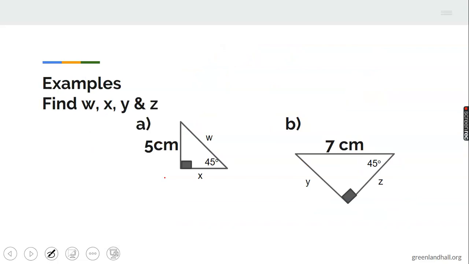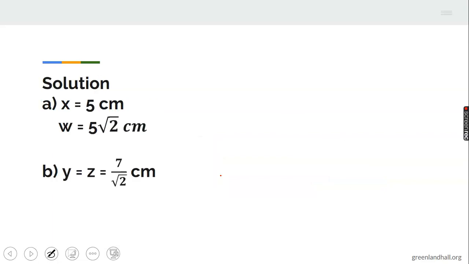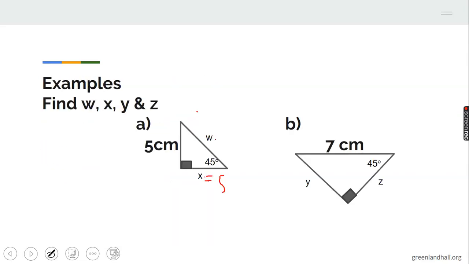You should know that we want to find the values of w, x, y, and z. This is an isosceles triangle, so x here will be 5. So you can find w, you square the other side, it will be 5 root 2. So that's why we got w to be 5 root 2. In a similar way, the hypotenuse here is this.